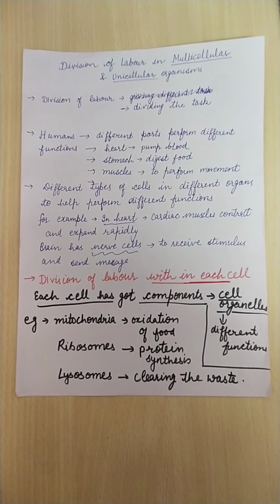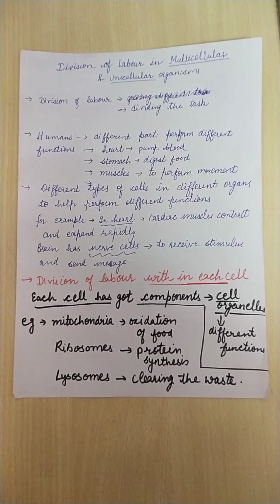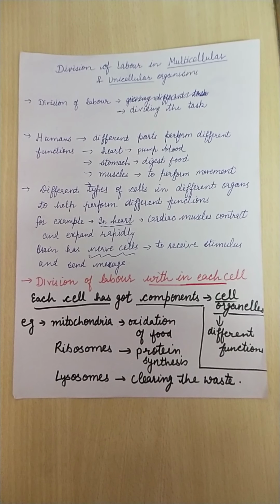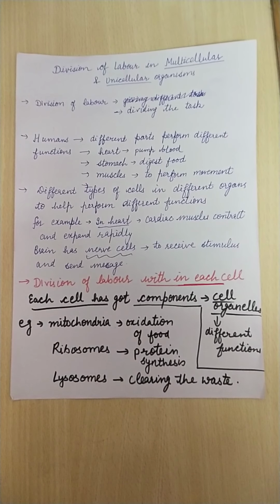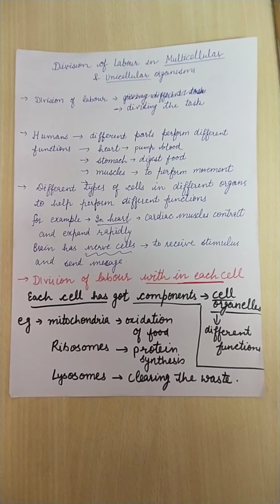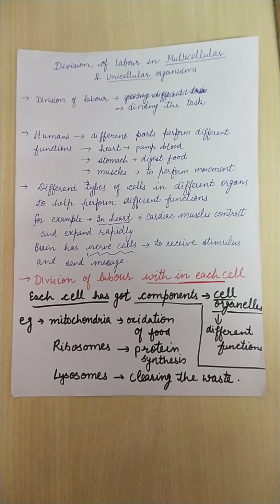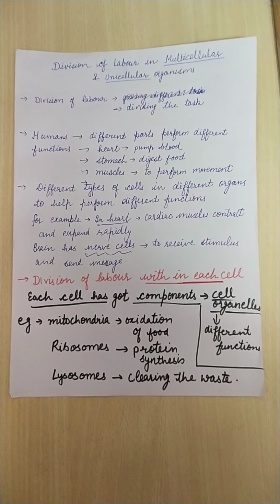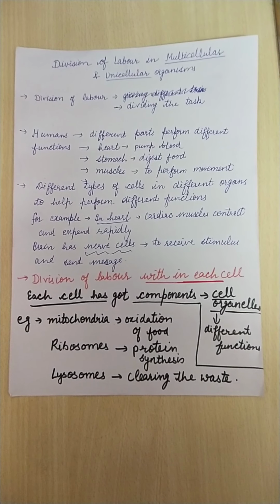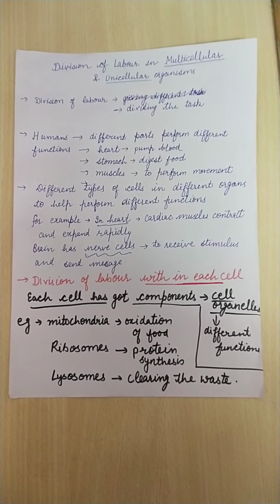In the same way, division of labor occurs in humans. Different parts of the human body perform different functions. For example, we have a heart to pump blood, a stomach to digest food, and muscles and bones which help in movement and locomotion. Different types of cells are present in different organs which perform different functions.